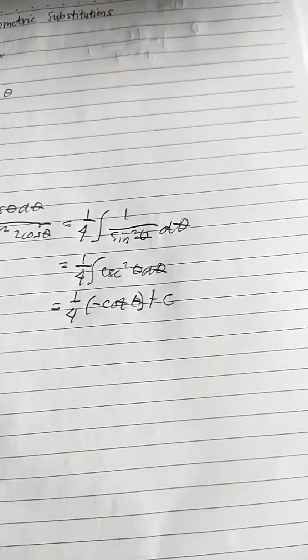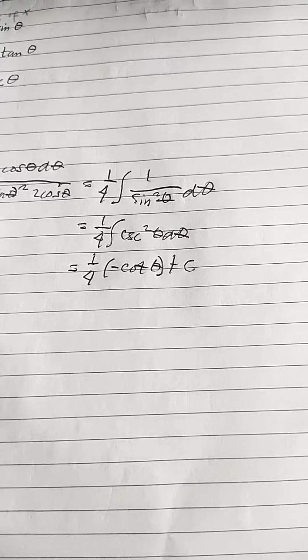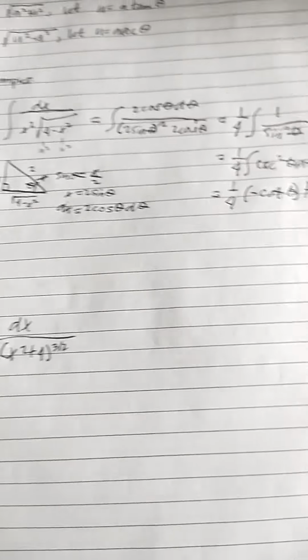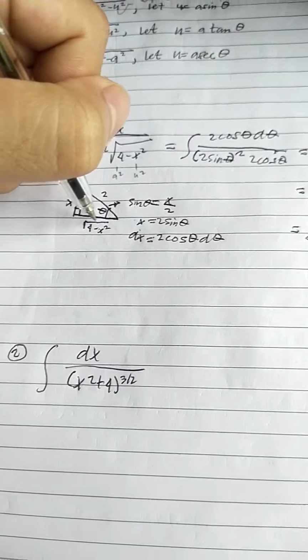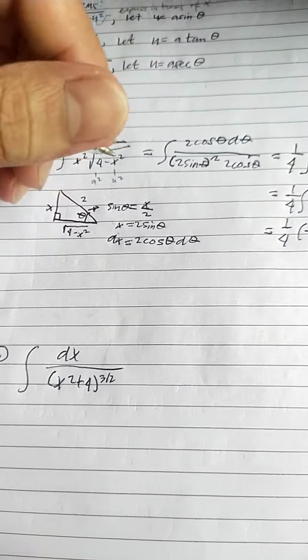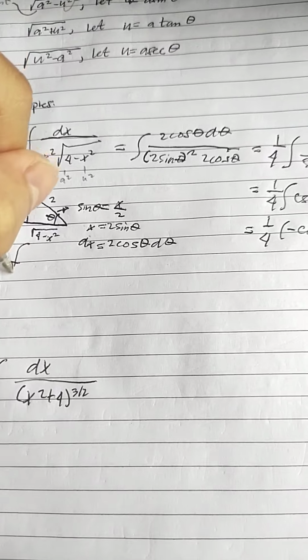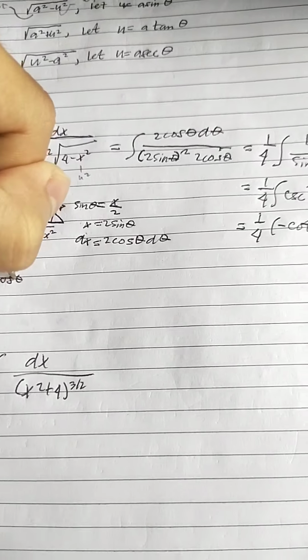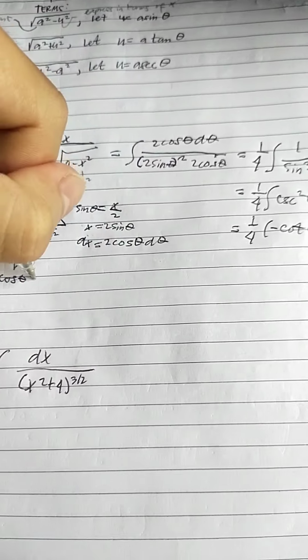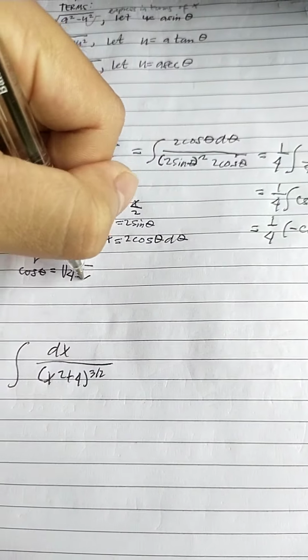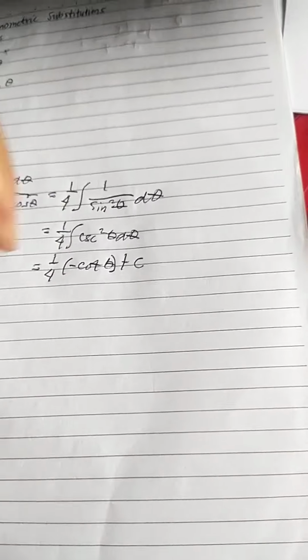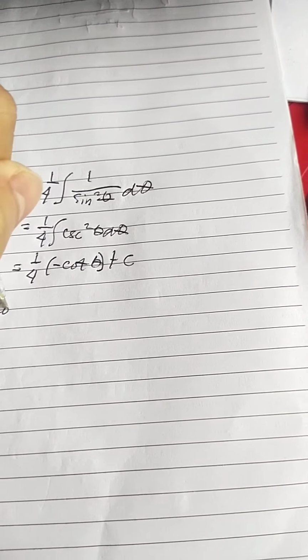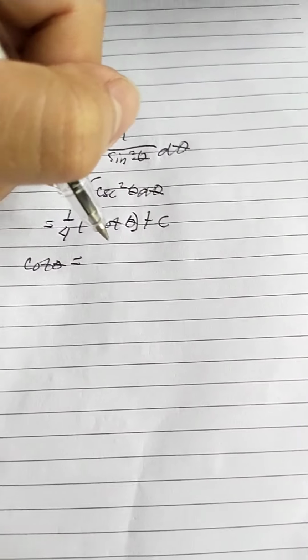So this square root of 4 minus x squared can be cosine theta, that is equal to square root of 4 minus x squared all over 2. So cotangent theta is equal to adjacent over opposite.